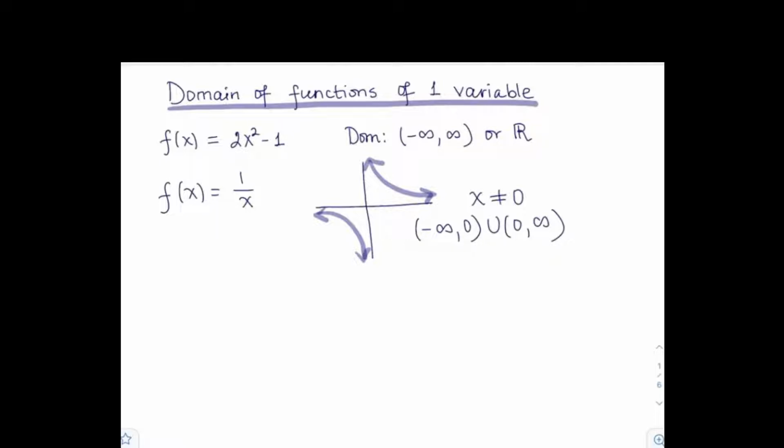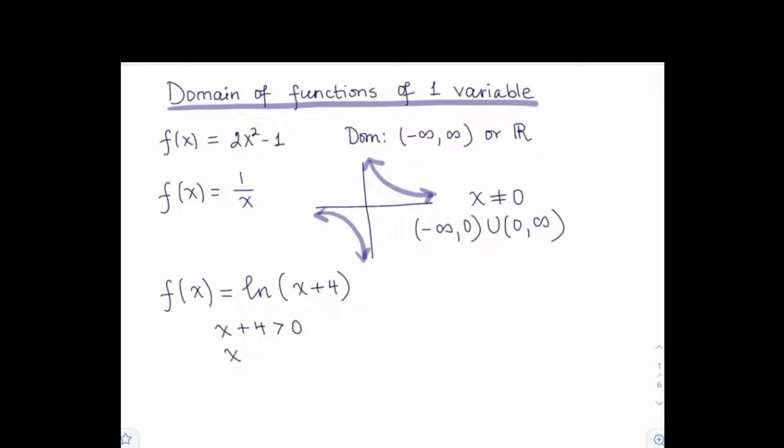Okay, let's see. What else? What about a logarithmic function? Something like natural log of x plus 4. So this is a transformed log function. We know that the expression inside the parentheses needs to be strictly greater than 0.